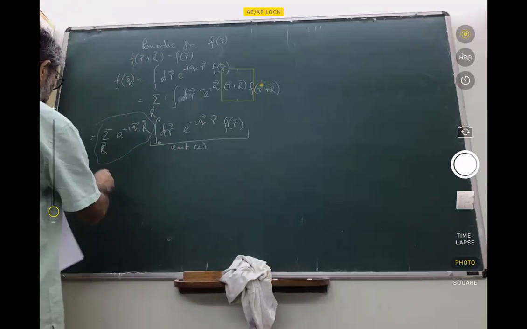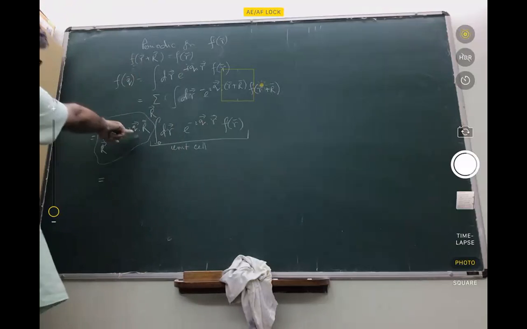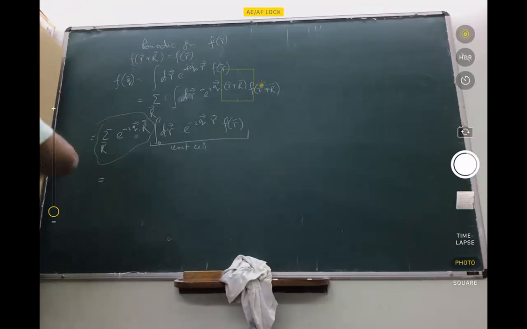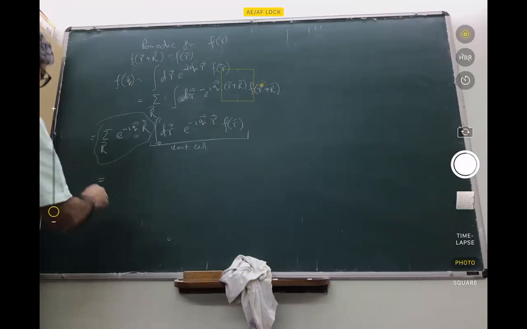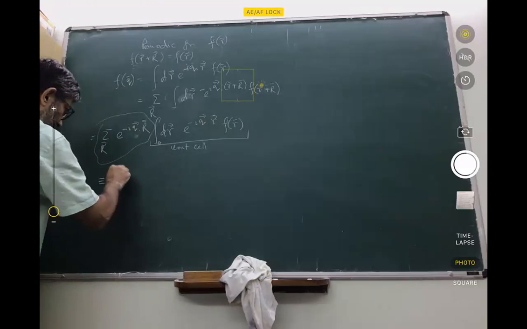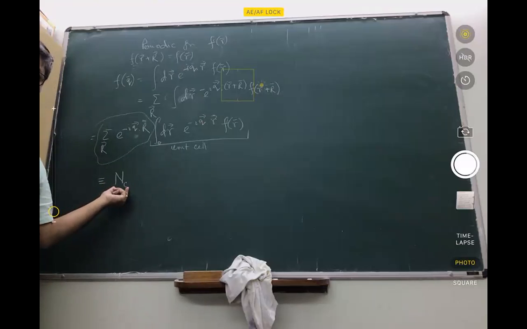So when q is G, one of the reciprocal lattice vectors, what will be the contribution? It will give me N_C, where N_C is the number of unit cells in my physical crystal, which is considered to be large, but that is not a major consideration here.